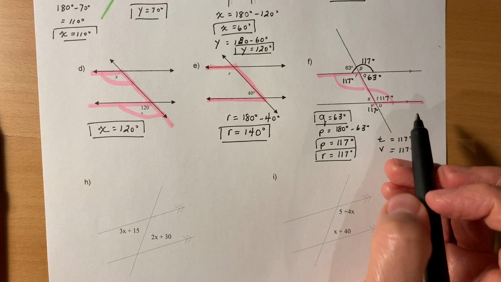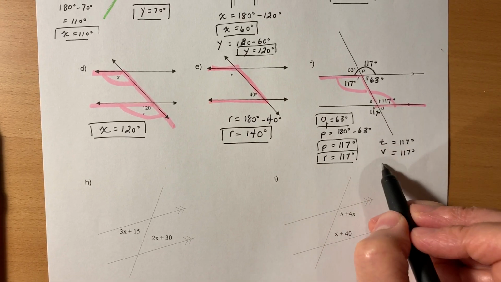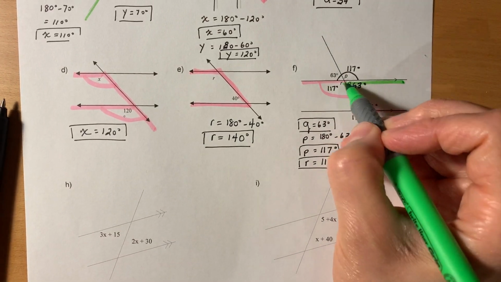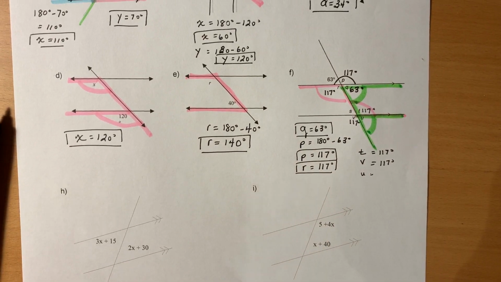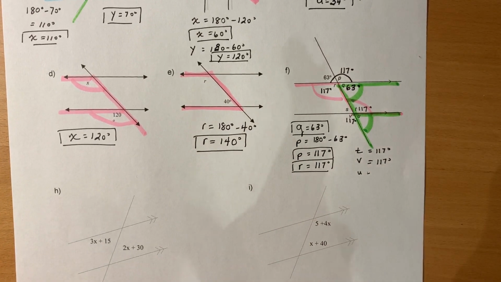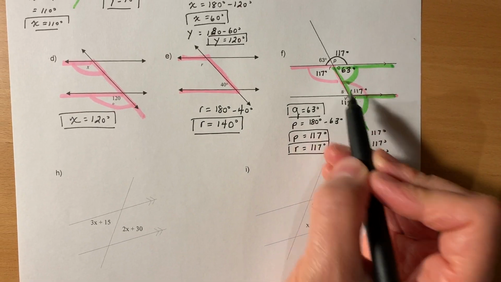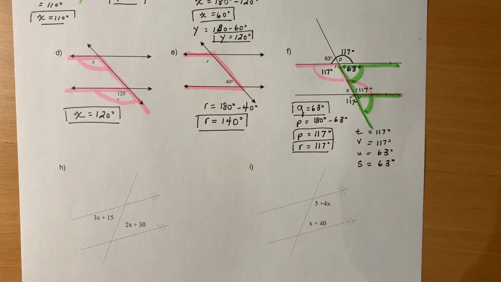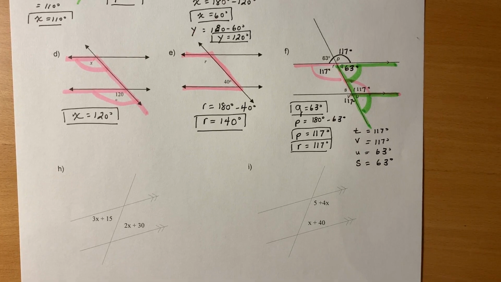I could do the C pattern. Or I can do the F pattern, that might be faster. The F pattern like this. If this is 63, this is 63, so I know U is 63. And because U and S are across from each other, they're opposite, it's also 63. So like I said, more than one way to do it.